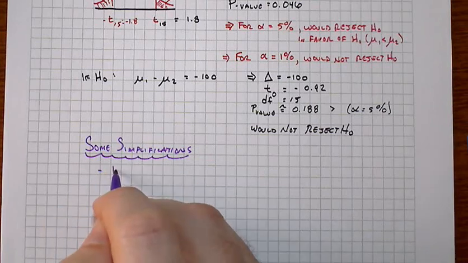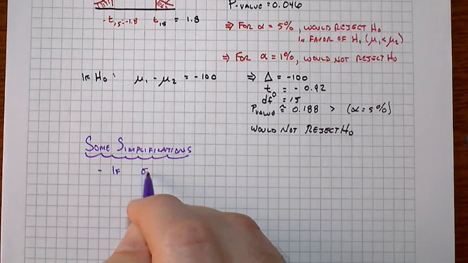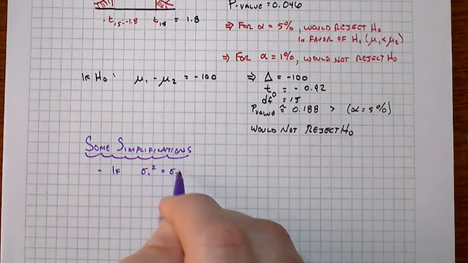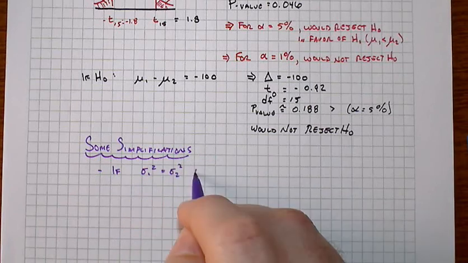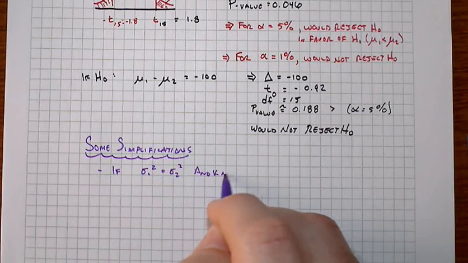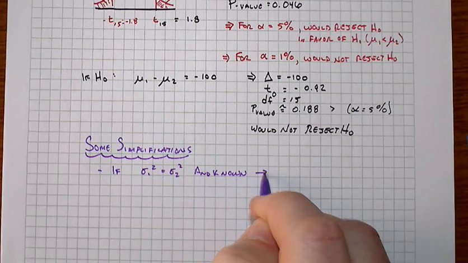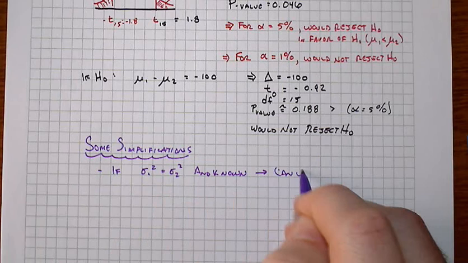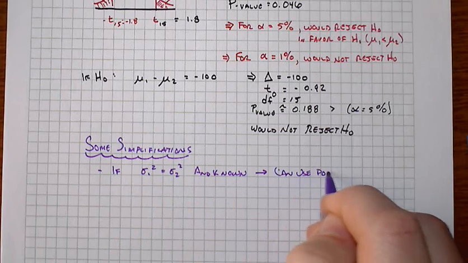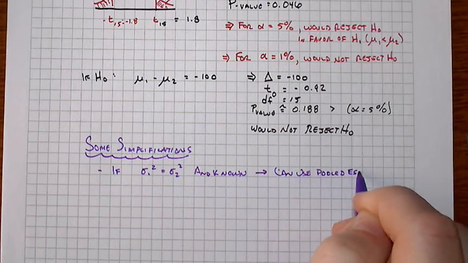One, if our variances are the same and they're known, we can use a pooled estimator approach that you'll see in your text.